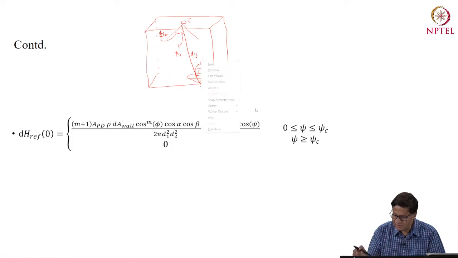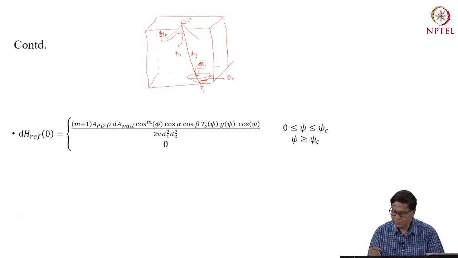Sorry, this is theta ij. So this is for the line of sight. Now we also need to consider the non-line of sight component. So let us consider just one non-line of sight component.